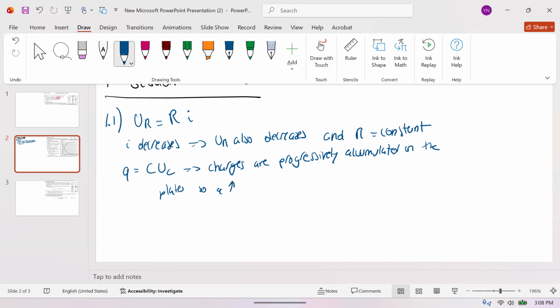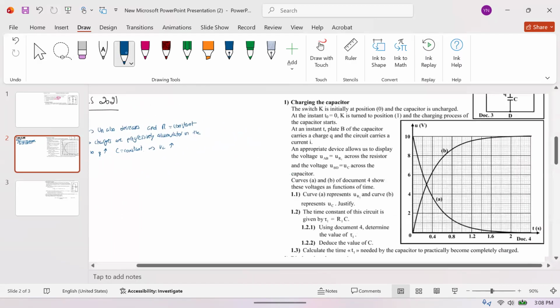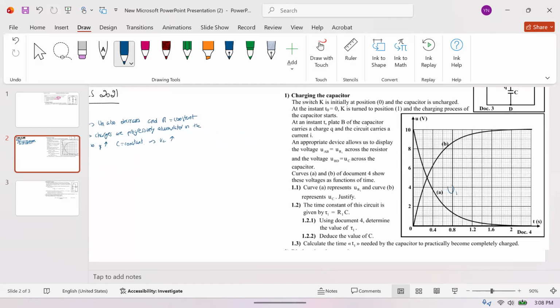We know at the beginning the plates do not have anything, but after the current flows through, we will have some charges accumulated on the plate, which means that q is increasing over time, and since C is a constant, then of course UC is increasing with time. So curve A, which is the one that is decreasing, is for UR and B is for UC.